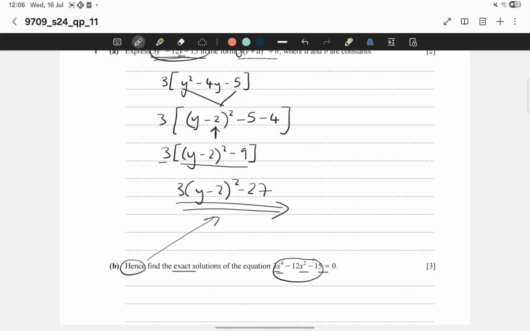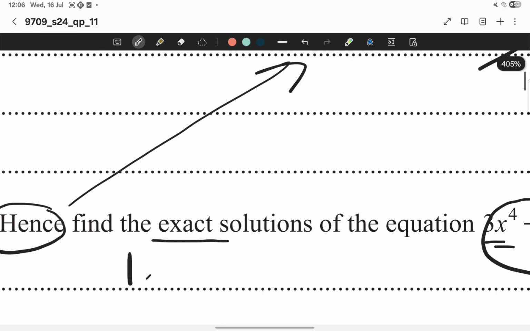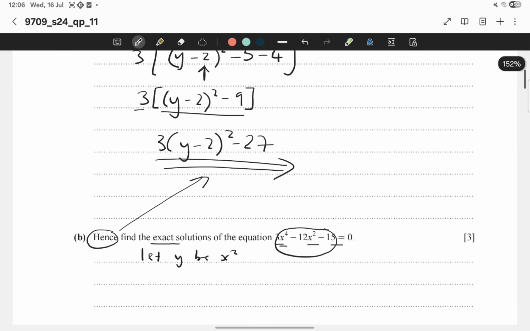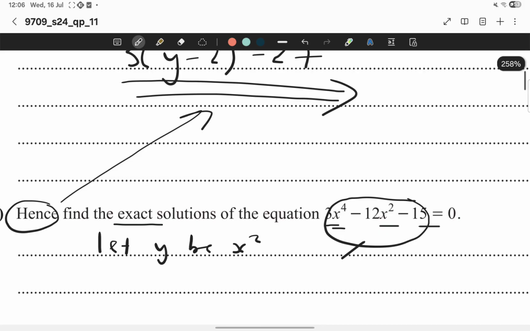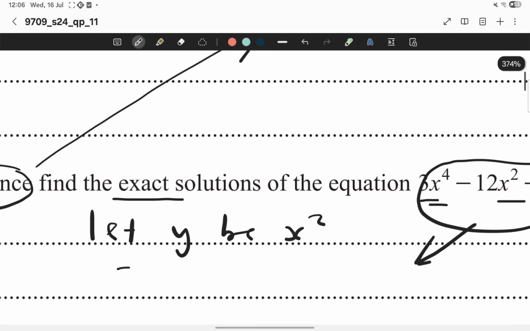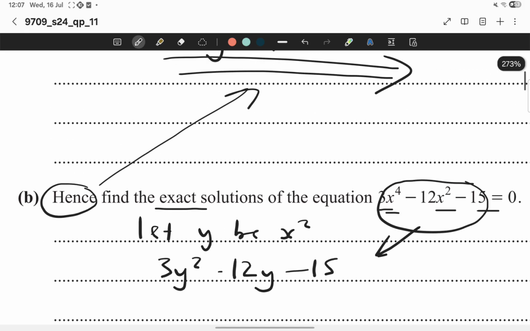So we might want to say let y be x squared, right? And if we do that, this equation will be 3y squared minus 12y minus 15 equals 0, right?